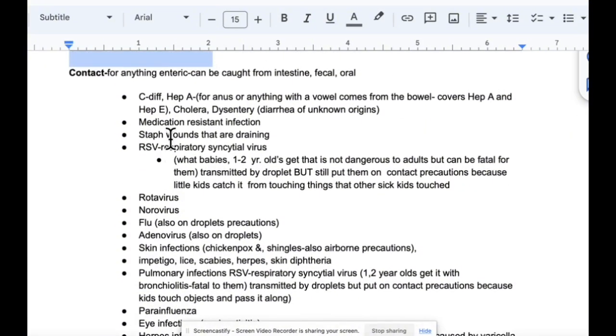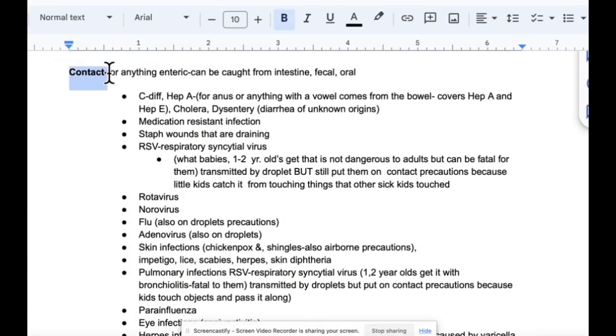We'll start with contact precautions. So, contact precautions refer to those diseases that can be caught from anything enteric. All right, so when I say enteric, I'm talking about the intestines, fecal, oral, right? The alimentary canal.